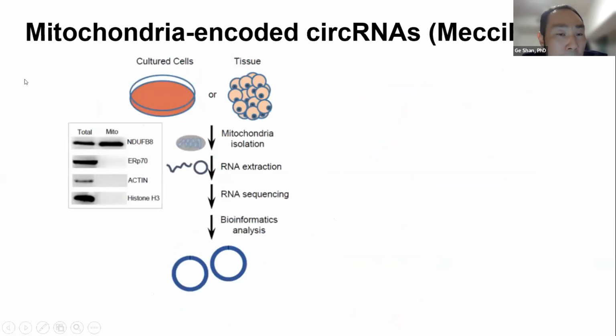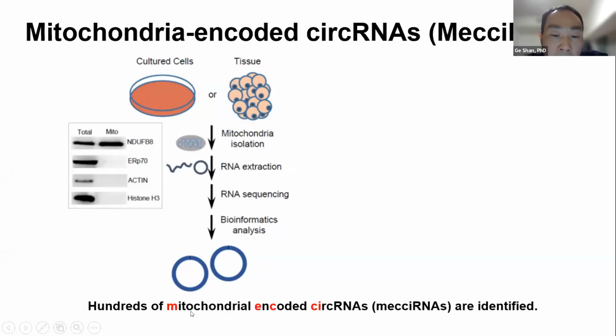So just recently, last year, we published a paper in which we found that mitochondrial DNA can also encode circular RNAs. We isolated mitochondria from mammalian cells and sequenced the RNA in the mitochondria.